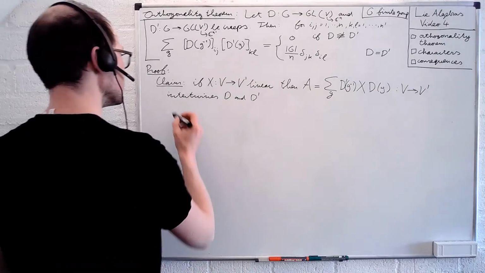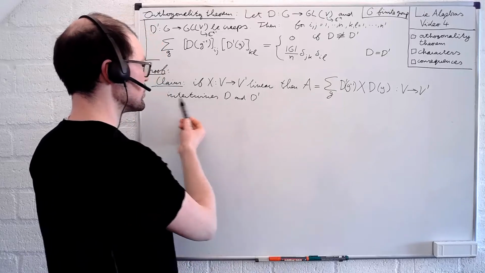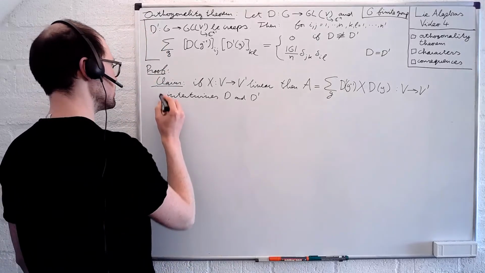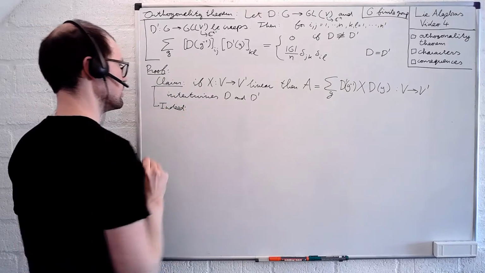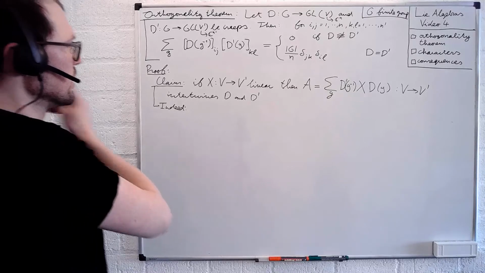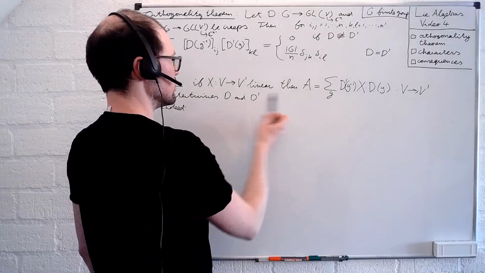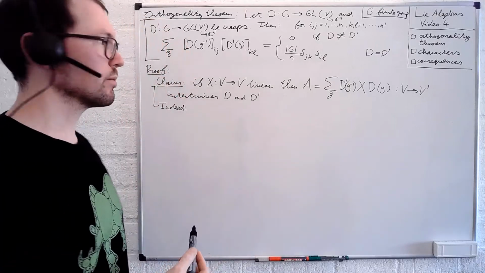Okay, so let's quickly see why this is the case, and it's a matter of just checking the property. Indeed, we have to check that composing on one side with D is the same as composing on the other side with D prime.